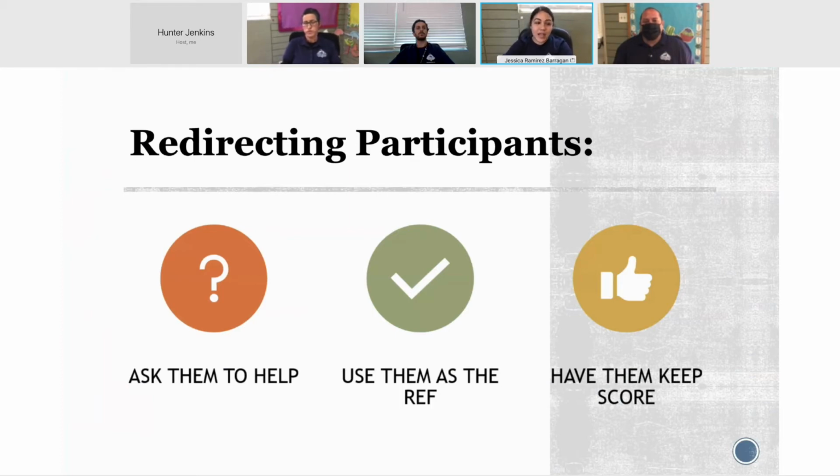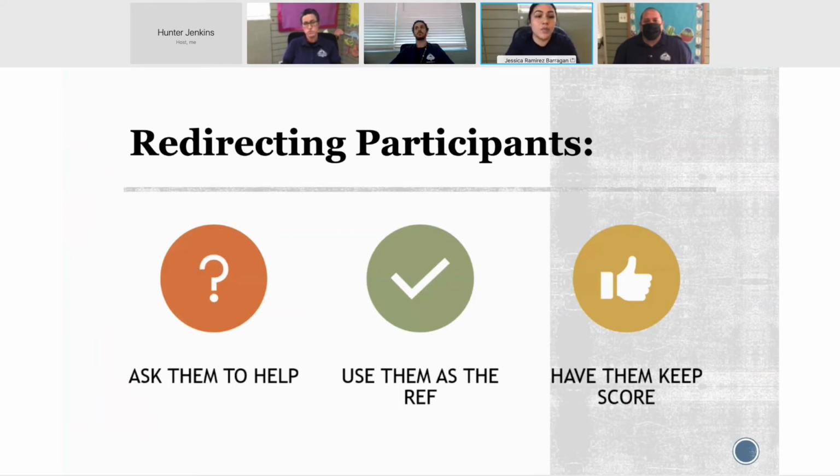It gets them away from that, and you're redirecting them into a safer habit, and then you're able to have this participant or participants be involved instead of sitting down for 5 or 10 minutes in timeout or during a cooling session. That's what we call it right now.